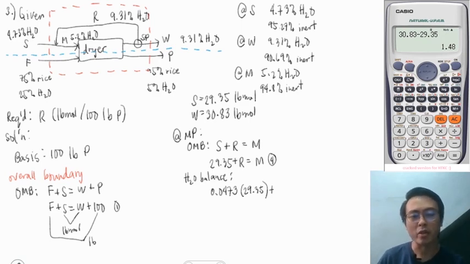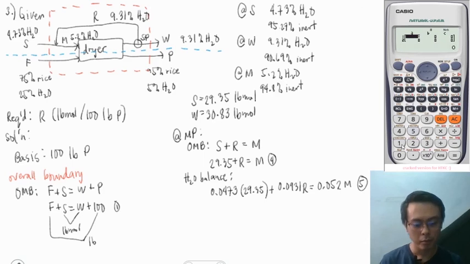This is vital information that was not mentioned in the problem that you should know so that you can solve this problem. Going back to the water balance, we have 0.0931 times R is equal to 0.052 M, equation 5. We can now solve equations 4 and 5 simultaneously. So let's use R as X and M as Y. For equation 4, the coefficients are 1, negative 1, negative 29.35.